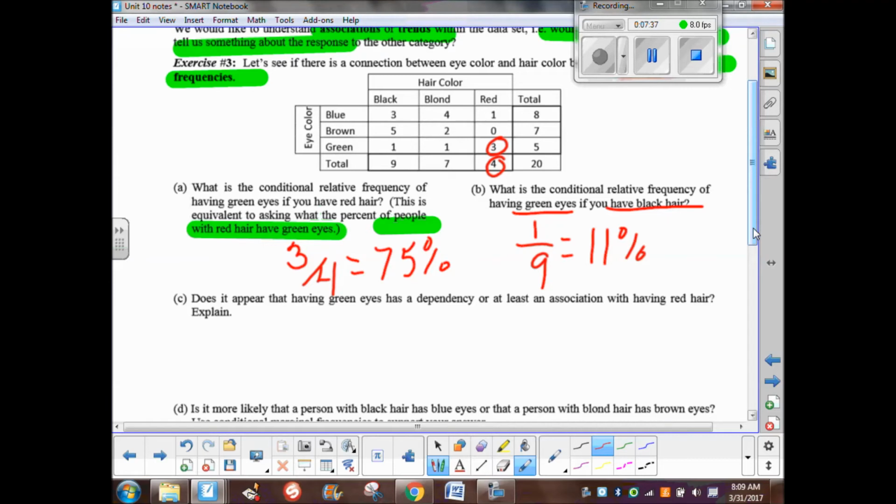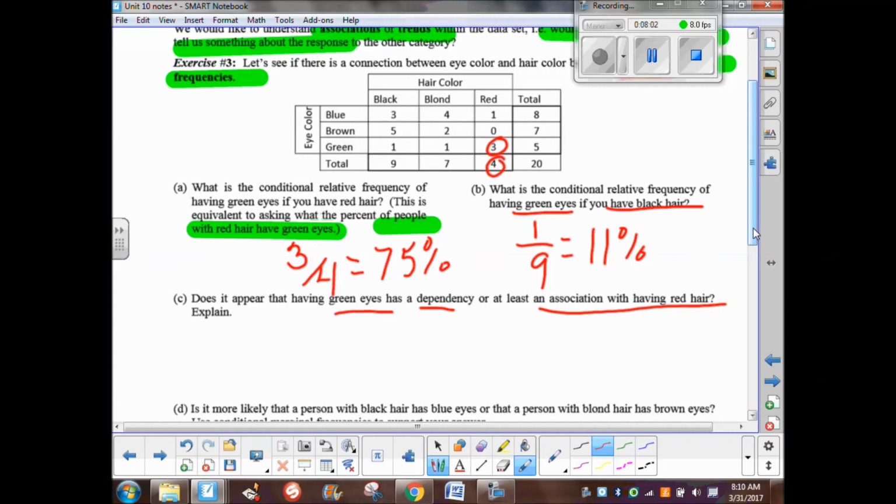Does it appear that having green eyes has a dependency, or at least an association, with having red hair?